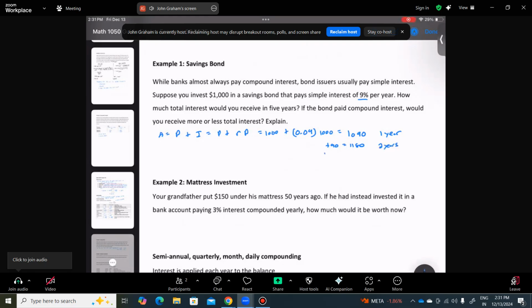In 3 years we add another 90, and we're at 1270. That's after 3 years. 4 years we add another 90, so that's 1360. And in 5 years we add another 90, and that's 1450. And in 5 years we have a total of 1,450.